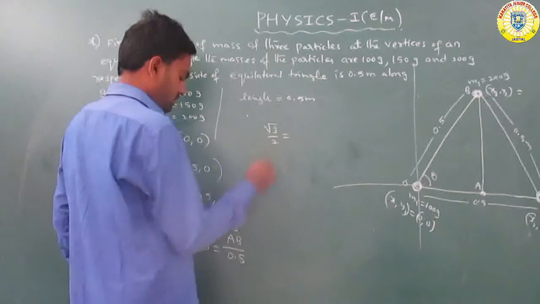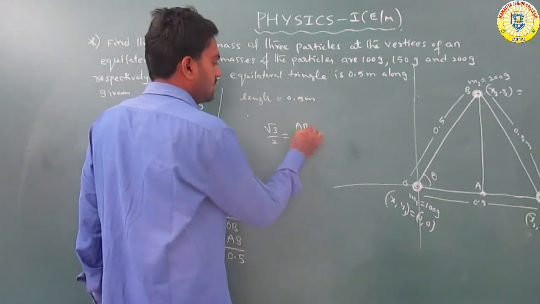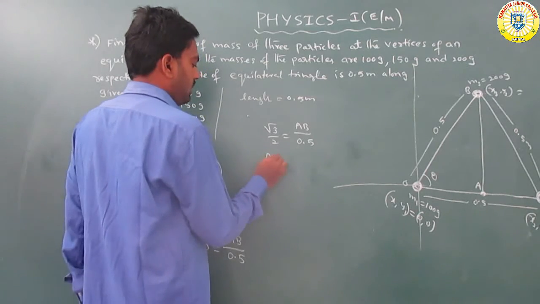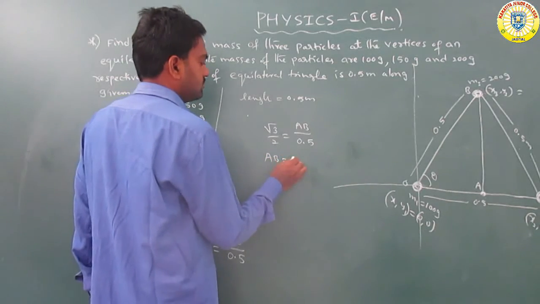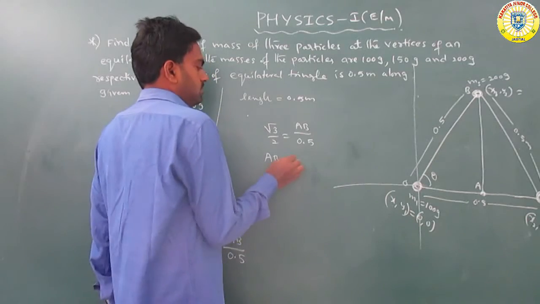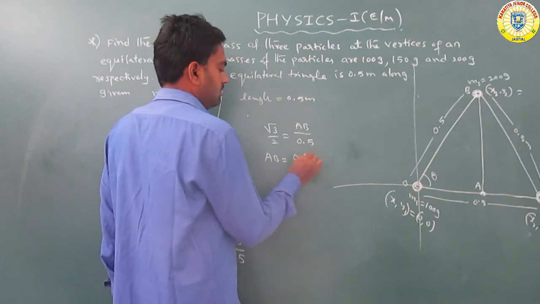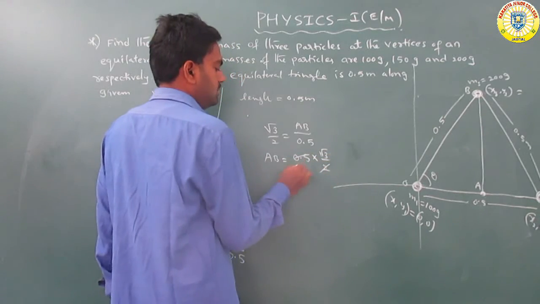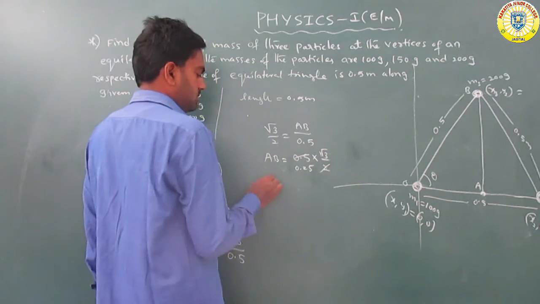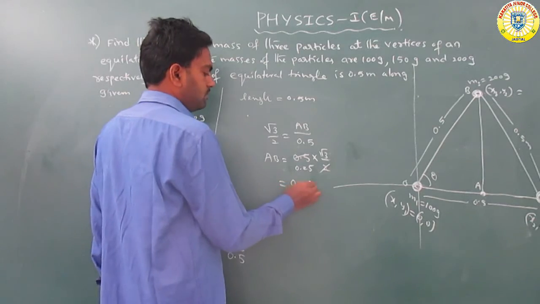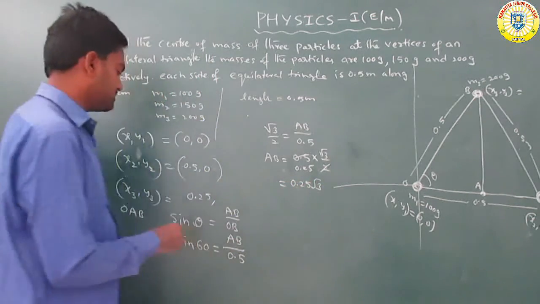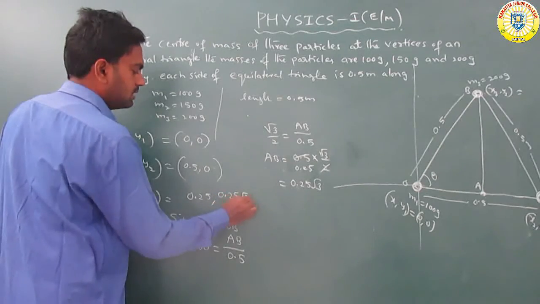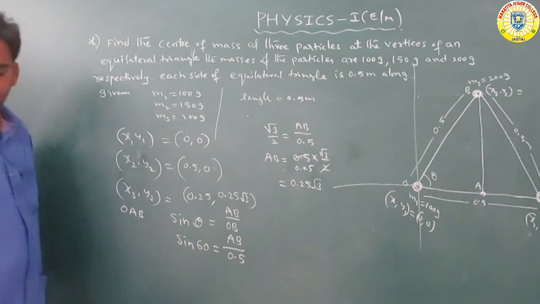So root 3 by 2 is equal to AB by 0.5. So AB is equal to 0.5 into root 3 by 2, which is 0.25 root 3. Now substituting here, y3 is 0.25 root 3. Okay, got it.